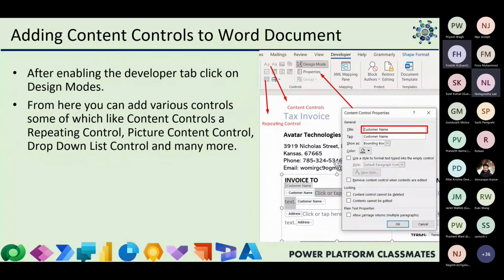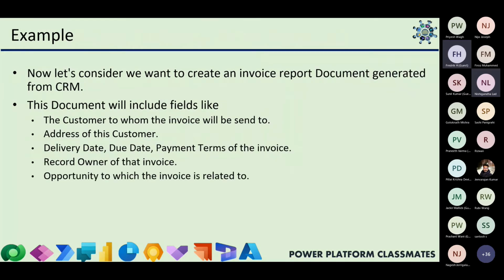The controls available in the Developer tab include content controls, picture controls, drop-down controls, and many more. Currently we will be using a content control and a repeating control for our example. To begin with, let's consider an example.